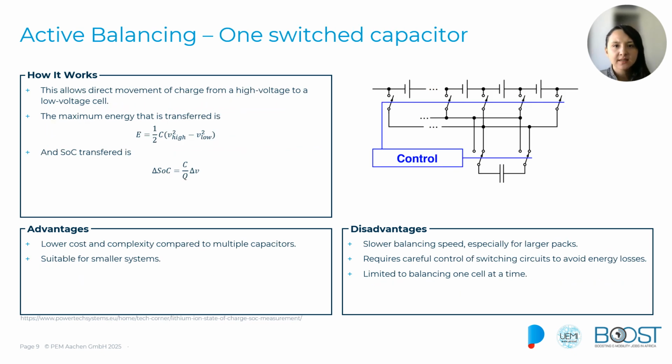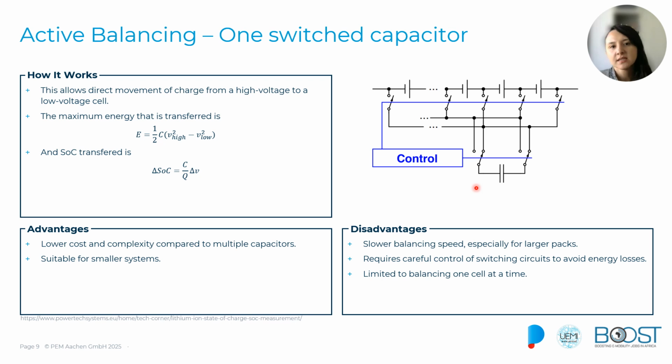Another method is the single-switched capacitor, and this technique uses a single capacitor to transfer the energy between the cells, which makes it a way more cost-effective approach than the previous one, where we had several capacitors and several switches.